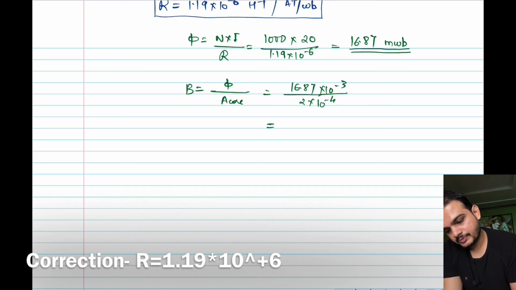So we will get the value of B equal to 84.3 Weber per meter square. This is how we get the value of B.